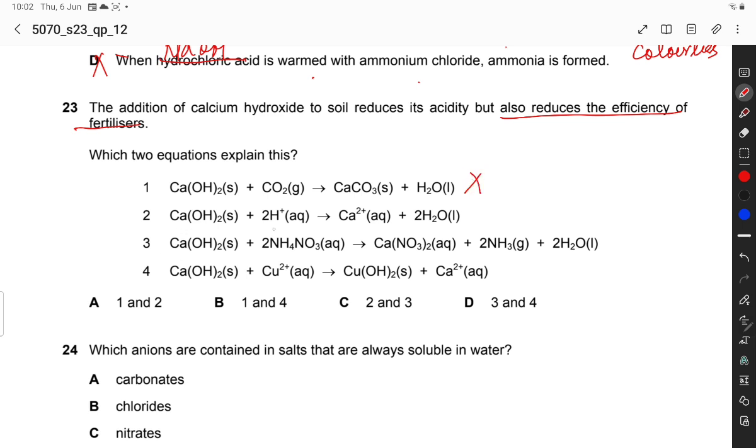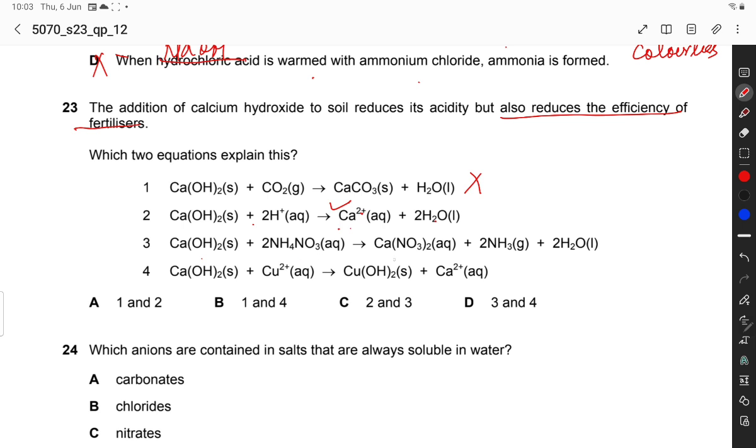Calcium hydroxide plus 2 hydrogen ions forms calcium ion plus water. Yes, this reduces the acidity, because water is formed and calcium ion is formed.